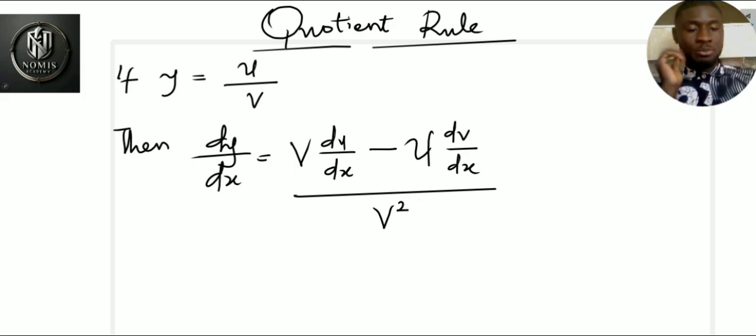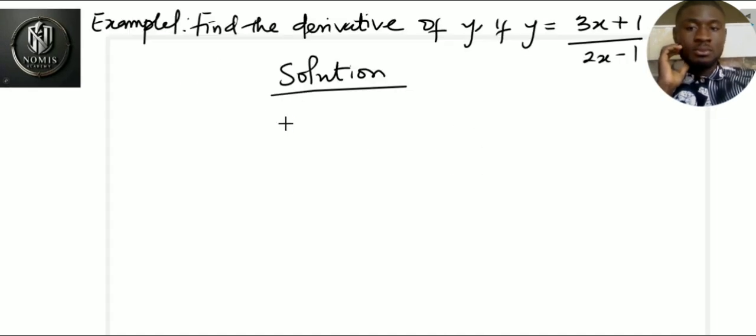Let's take an example to see what I'm talking about. Example number one says, find the derivative of y if y is equal to 3x plus 1 all over 2x minus 1. So you want to solve this question.